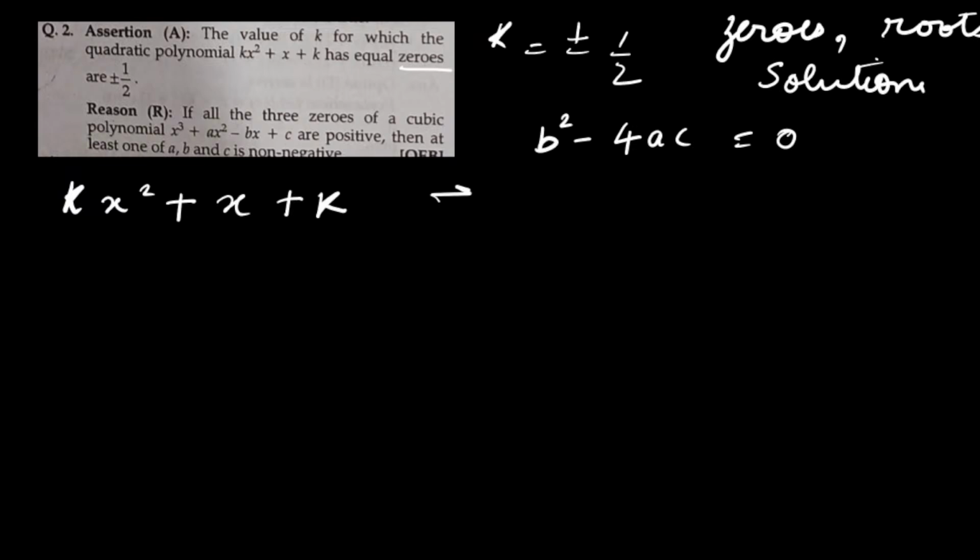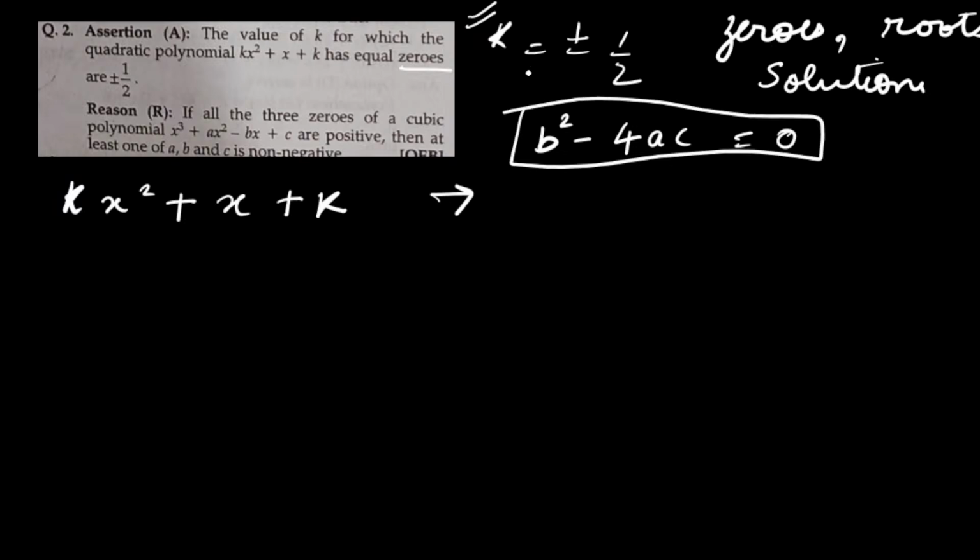We will write the values of a, b, c and use this formula to check whether the provided value of k is correct or not. A's value is k, the coefficient of x square. Coefficient of x is b, constant term is c. So here a is k, b is 1 and c is k.